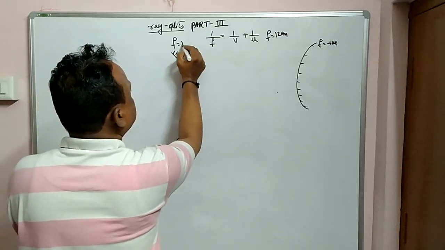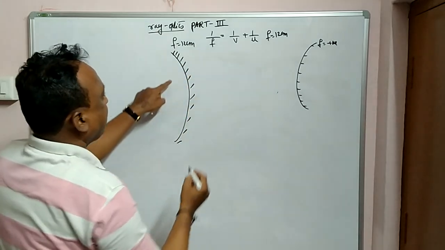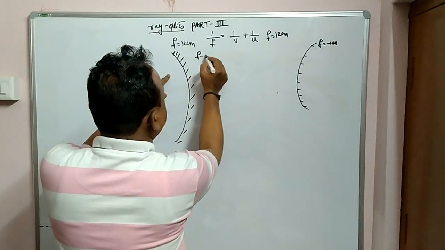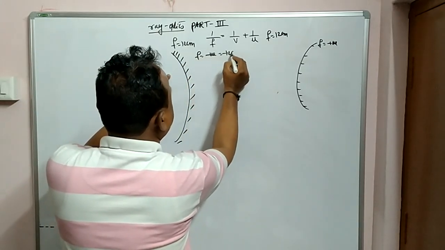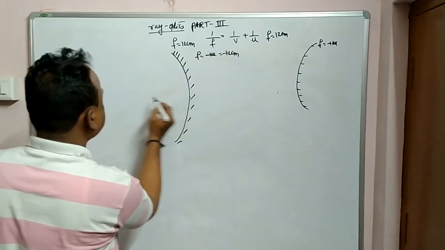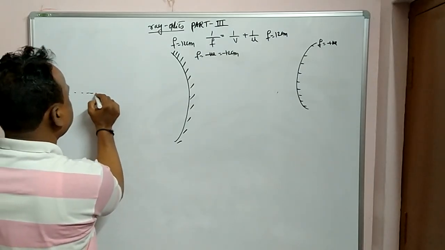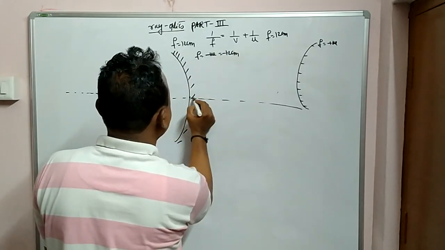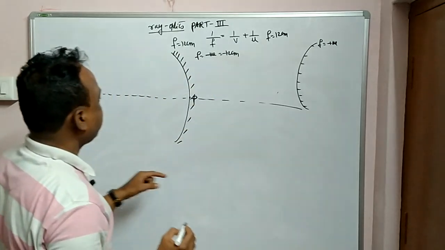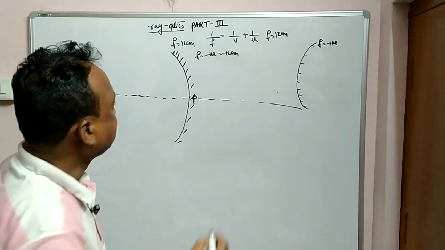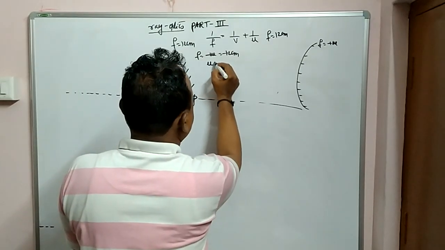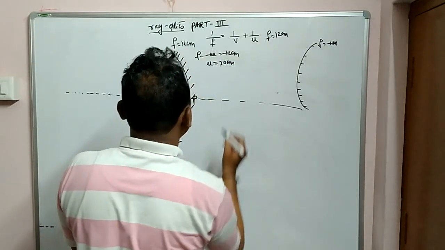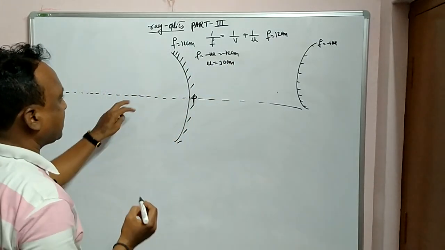Focal length is given as 12 centimeters, and we know for concave f is negative, that is minus 12 cm. This is the pole, and this imaginary line is the principal axis. The object distance is given as, for example, 30 centimeters, so the object is placed there. What is R here?